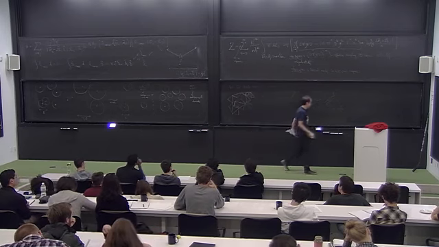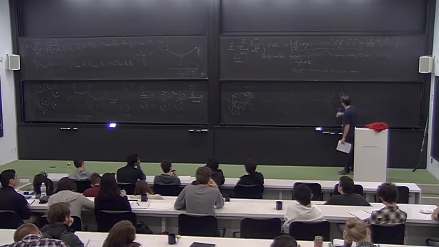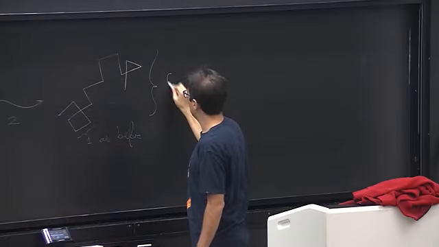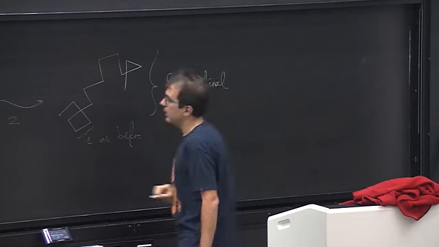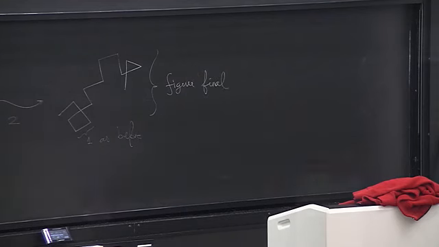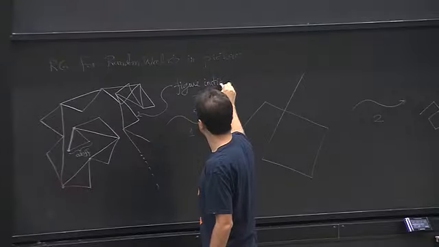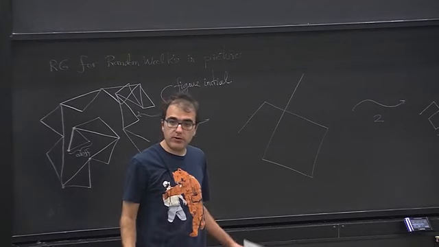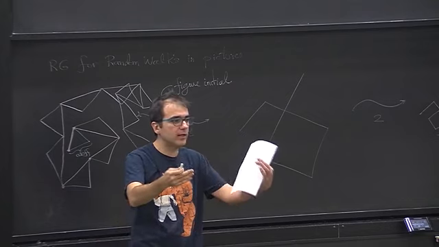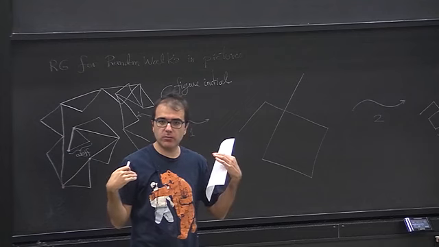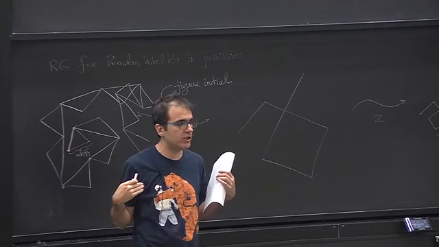And for example, what we will see is that if you have this picture for the random walk, let's call this figure final, and you started with the white line here, which was figure initial. For the random walk, figure final is equal to figure initial in the sense that you cannot look at the two and distinguish both. If I show you both figures, you don't know which one was before RG and which one was after RG.